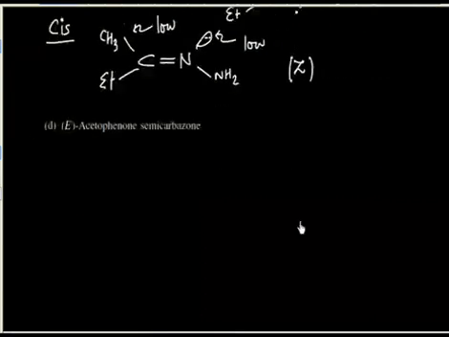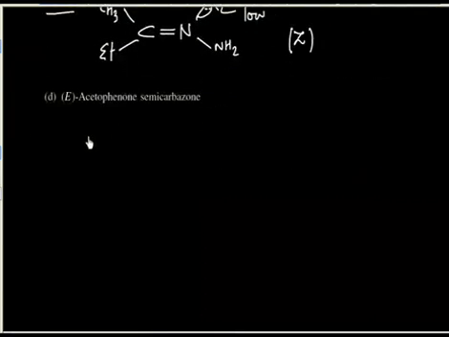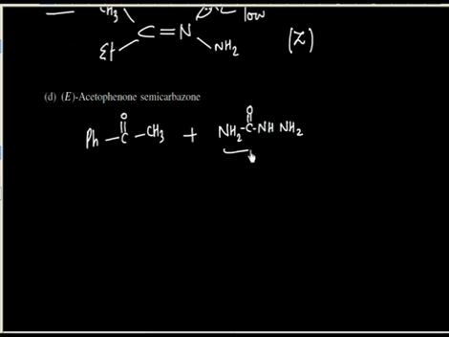Now let us discuss the next one, acetophenone. This molecule is called acetophenone, PhCOCH3, and this reacts with semicarbazide. If you remember, we discussed NH2 CO NH NH2. This molecule is called semicarbazide, so you have to remember this name.